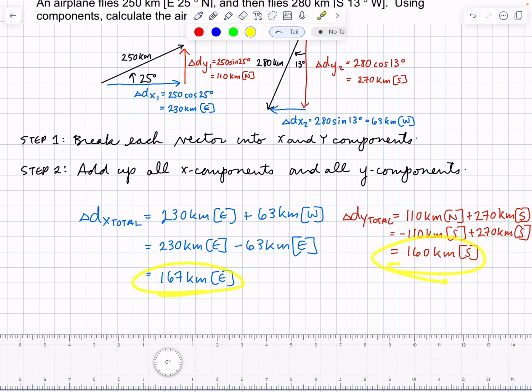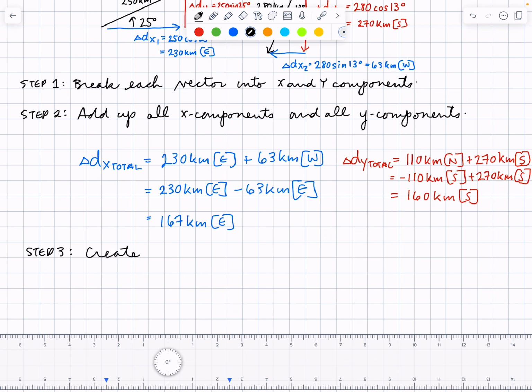Step 3 is to create a right angle triangle with delta dx total and delta dy total.